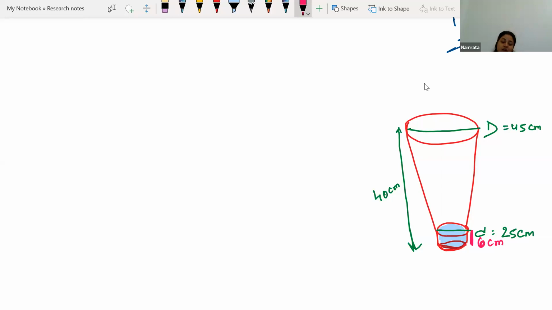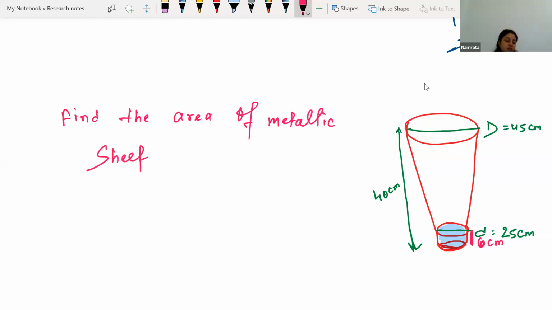Find the area of the metallic sheet used to make the bucket. Let me write this statement. Find the area of metallic sheet used to make the bucket.